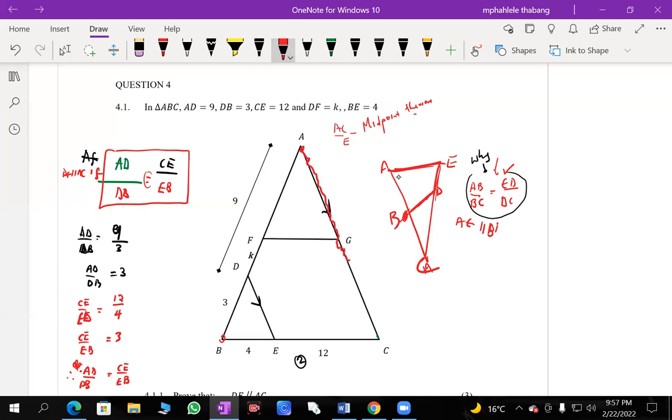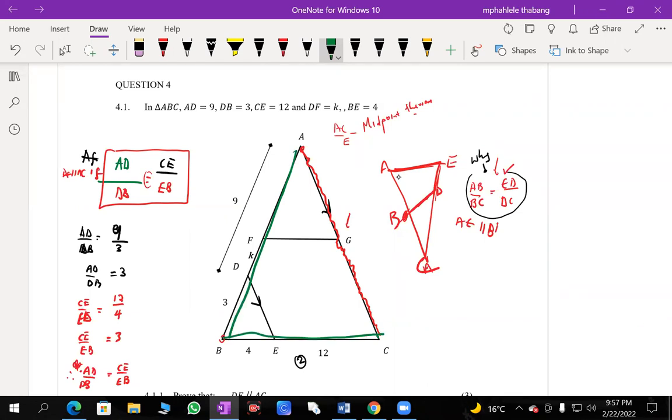So avoid the line AC and focus on the other sides. The line divides the other sides of the triangle, which are this side and this side.